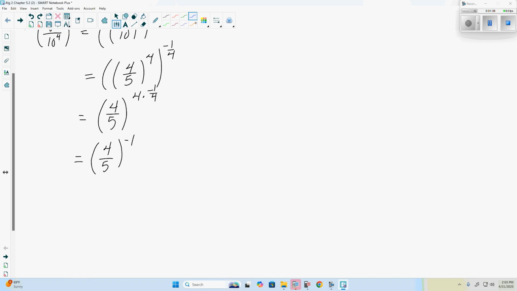Now, this is going to be more of a side note, because a over b to the negative 1, if we applied it to both terms, it'd be a to the negative 1 over b to the negative 1. Well, to make those exponents positive, we've moved b from the top of the fraction to the bottom.